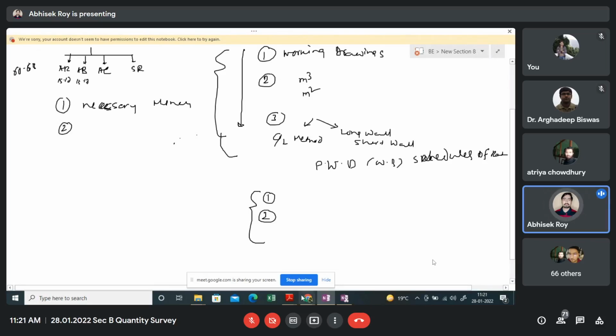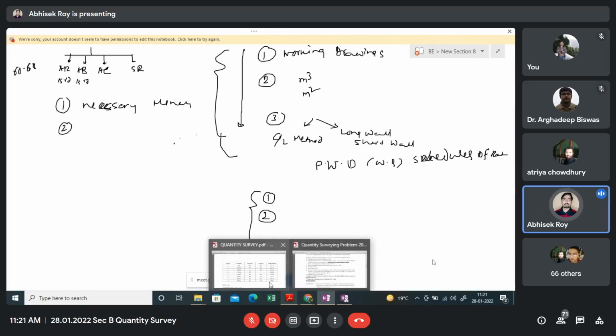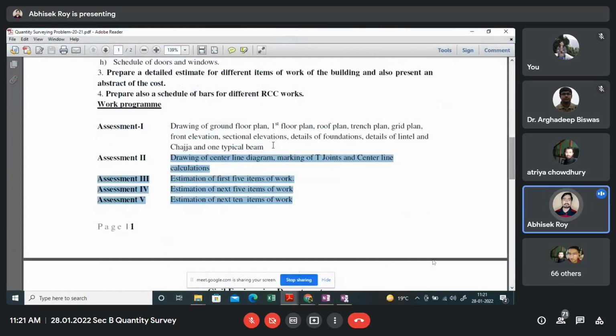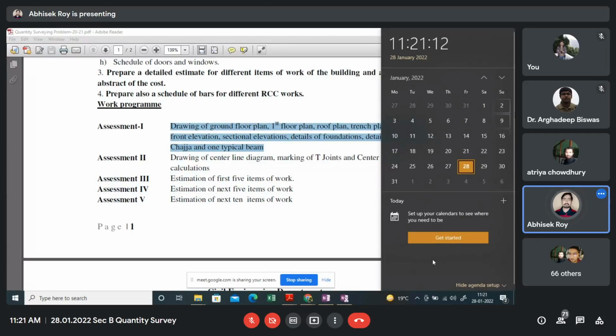So what we will do, we will share you the problem sheet, and obviously the first assessment part, that is the drawing of your planning, all these things you have to submit by the next week. You have to draw them on your plain A4 papers, and you have to scan them and submit it in a Google form.